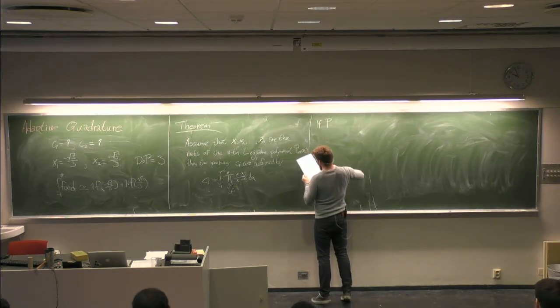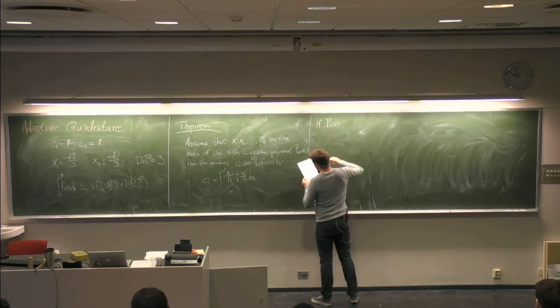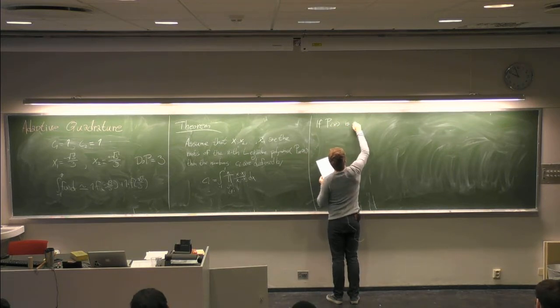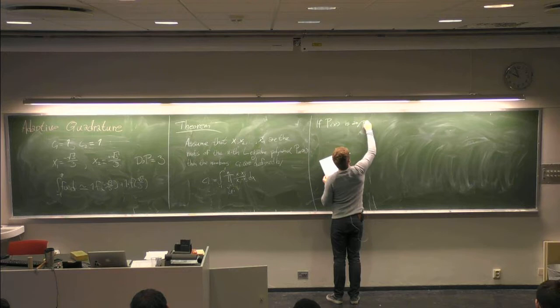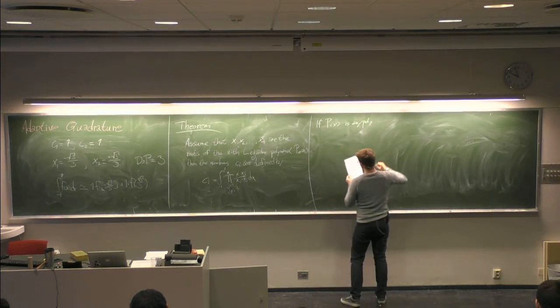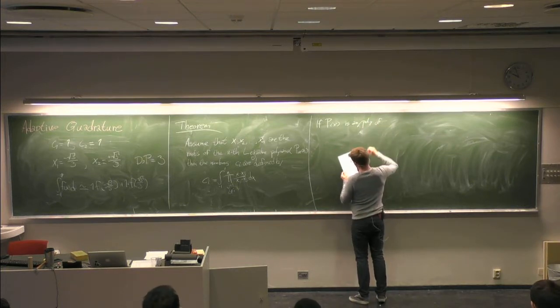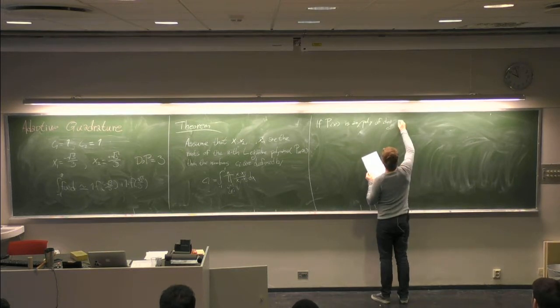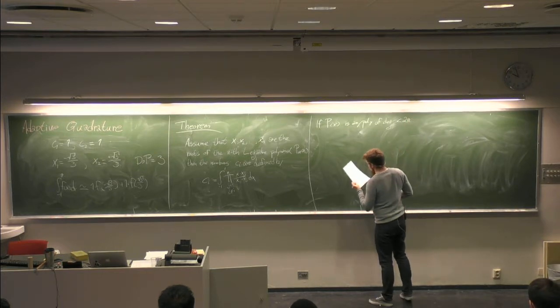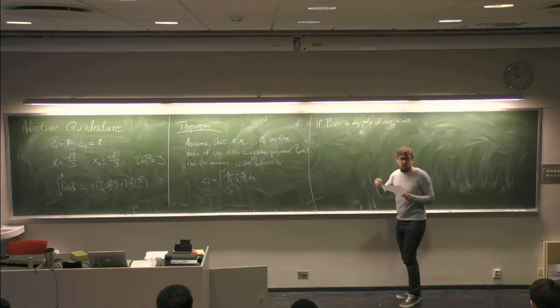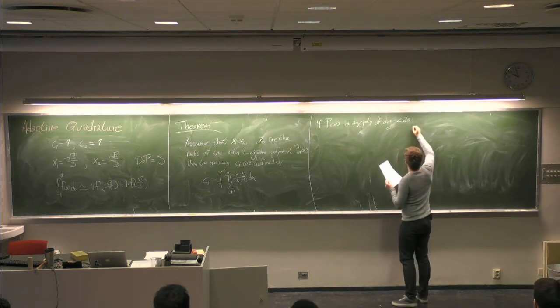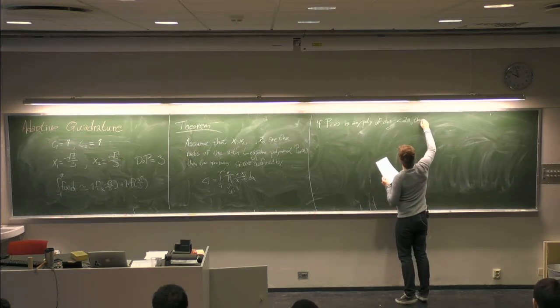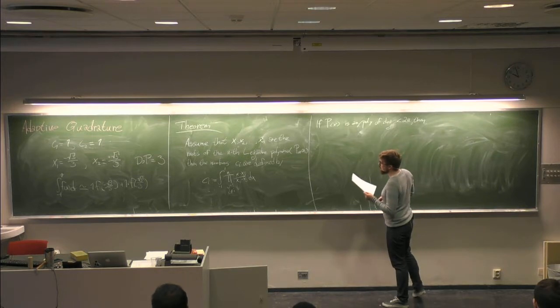If p of x is any polynomial of degree less than 2n, so up to 2n minus 1, oh, I did something wrong earlier.